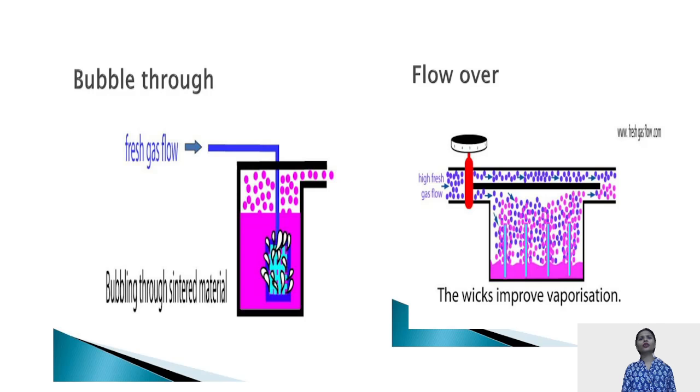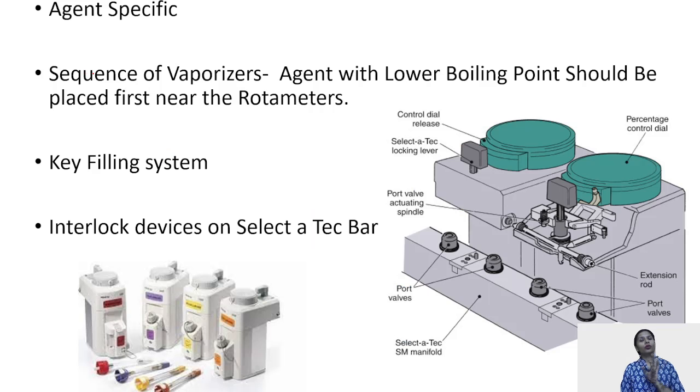Then I already told you that there are two ways in which the gas can flow through your vaporizer. One is just flowing over it, and the other is to bubble through the inhalational agent itself. All vaporizers are agent specific. That's a safety mechanism. You cannot mix. You cannot put halothane into isoflurane. You cannot put sevoflurane into isoflurane. They all are agent specific.